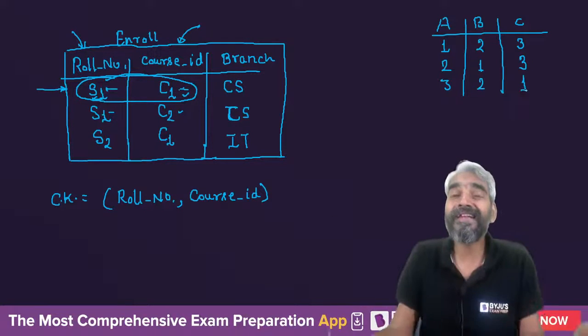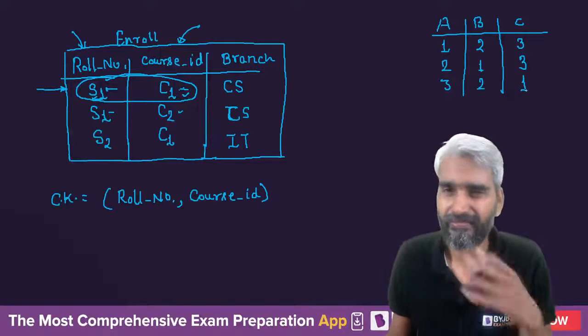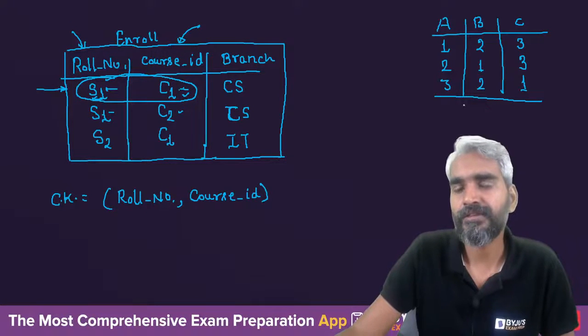Can you give me any candidate key for this relation? Let's assume this relation is R.